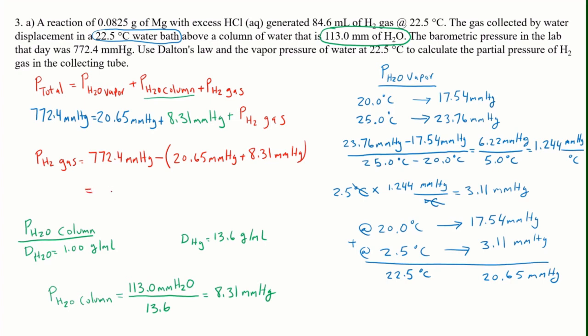And if I do the math, I find that the pressure of hydrogen gas is 743.4 millimeters of mercury. And that would be the final answer for this part of the question.